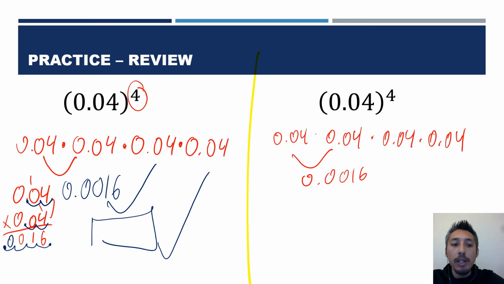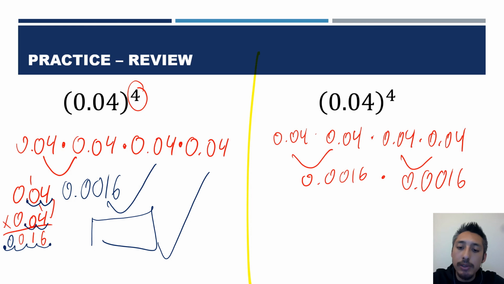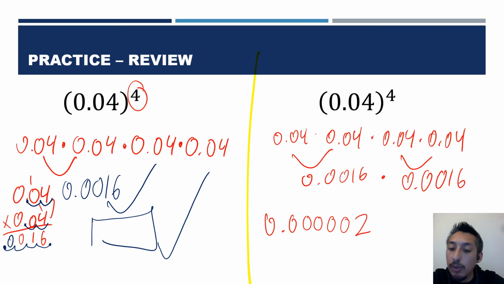Instead of doing what we talked about on the left, we already know that 0.04 times 0.04 is 0.0016. When you work this out by hand, your answer should be 0.000000256, which should be the same answer that you would have gotten if you did it the other way.